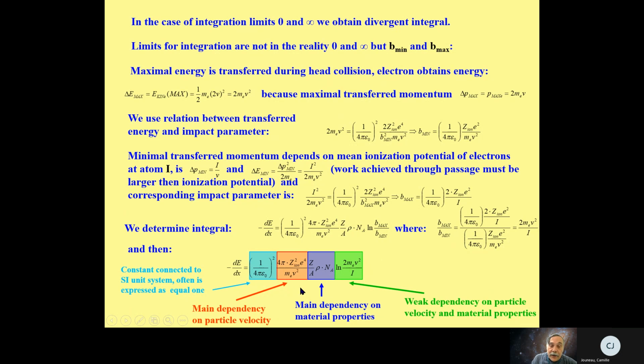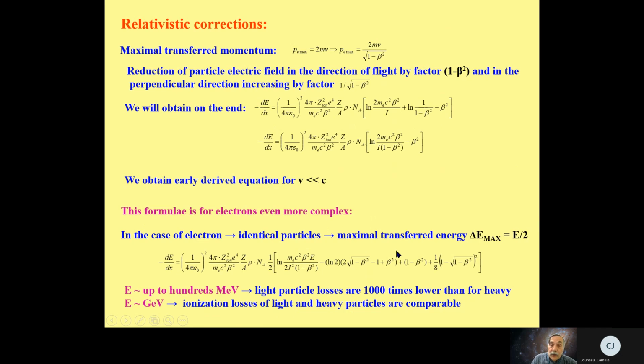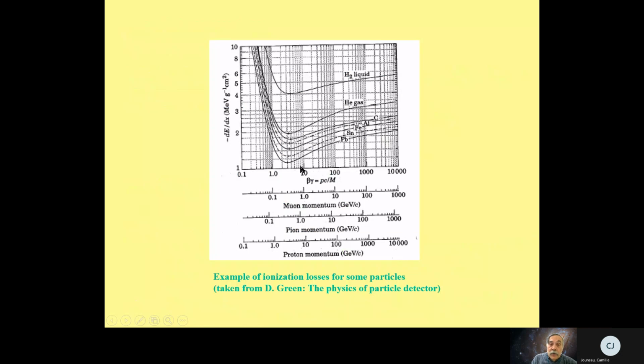It goes against the previous trend, and in the end you obtain a change from decreasing to increasing. What is important, we have some range of velocities for which it is minimal ionization, and these particles are named minimal ionizing particles.